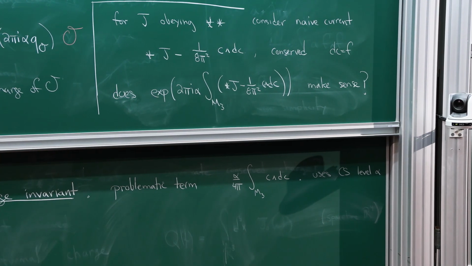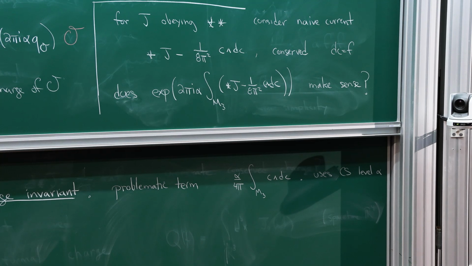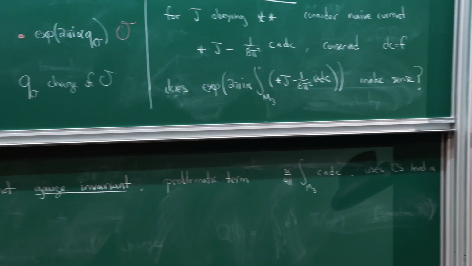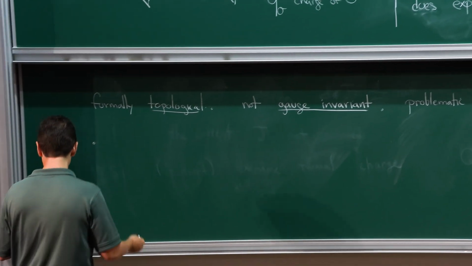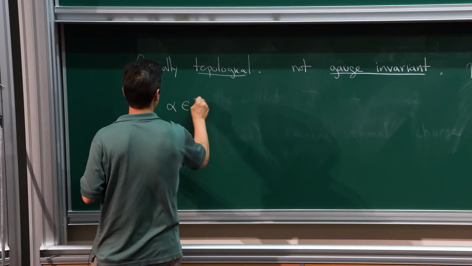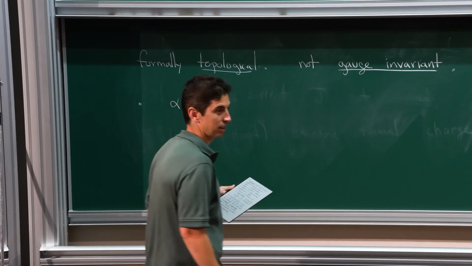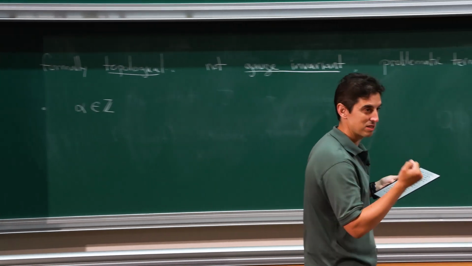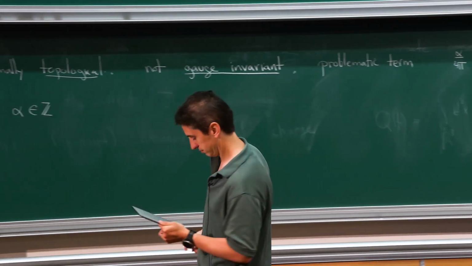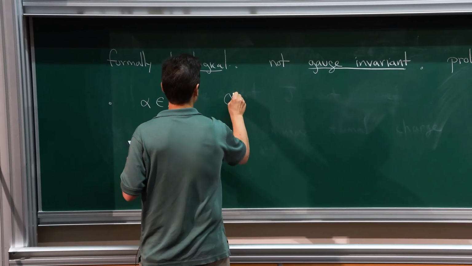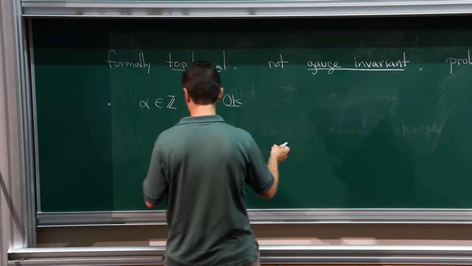So when can we make sense of that? Well, your first thing would be to say, well, Clay, I know we can make sense of integer level. So alpha in Z, that's definitely okay. Integer levels are okay. The integer level Chern-Simons term is definitely gauge invariant. This is okay, but sorry, you strike out.